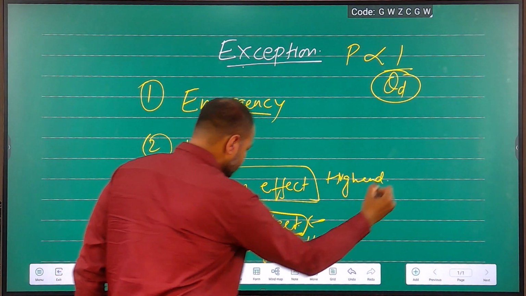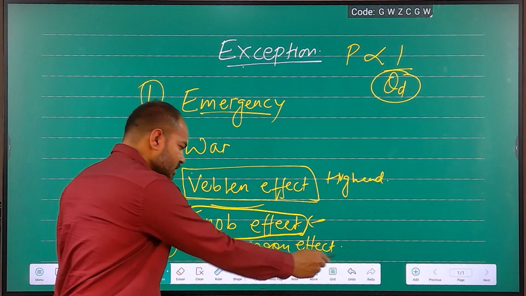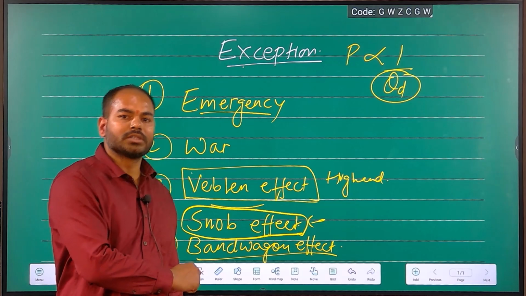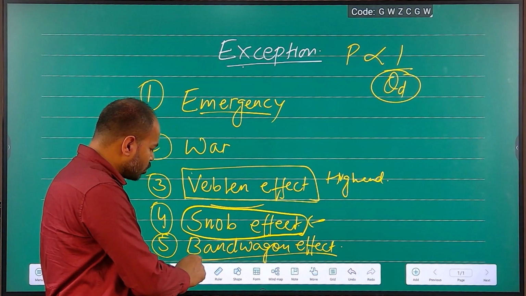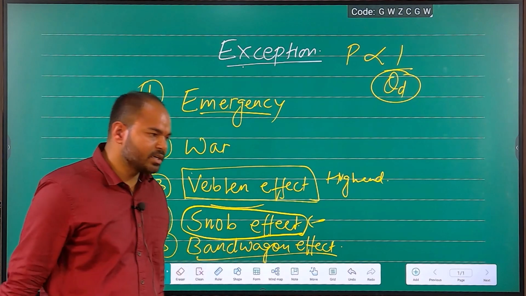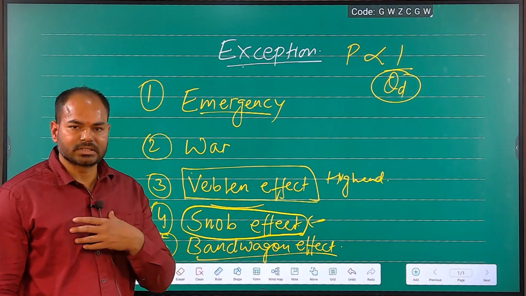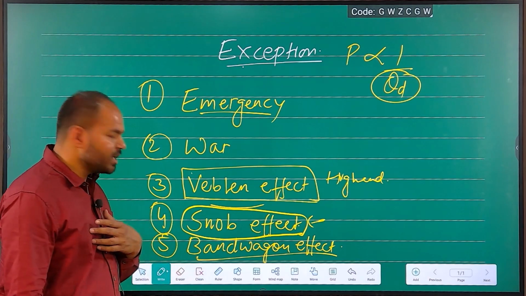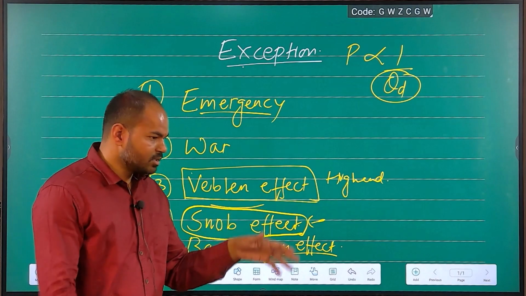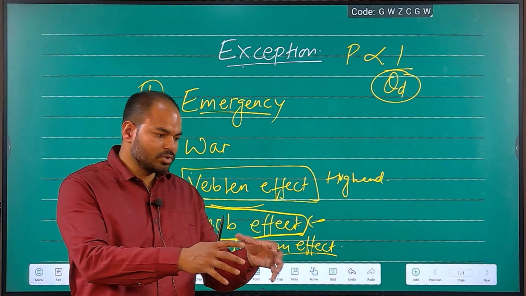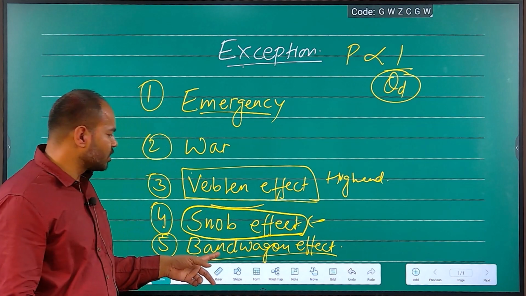Okay. Now next is the bandwagon effect. Bandwagon effect means people follow others. There are a few categories of people who don't have their own opinion related to many products. We all seek advice. There are many products where we look for advice, and if someone is saying that this product is good, you need to purchase this, you must go through this product, then definitely we are going to purchase that product.